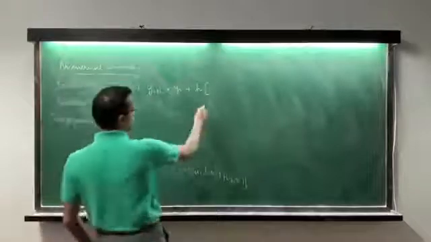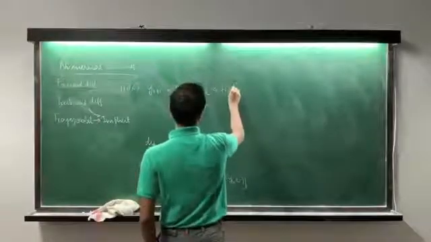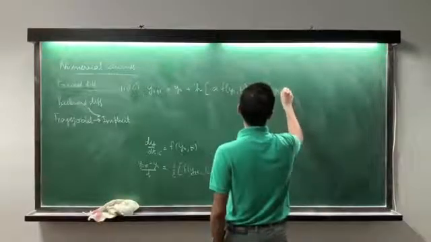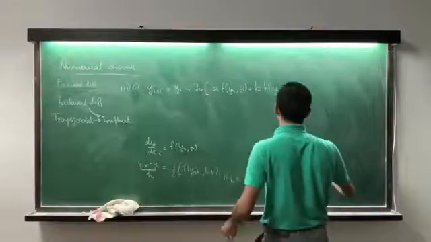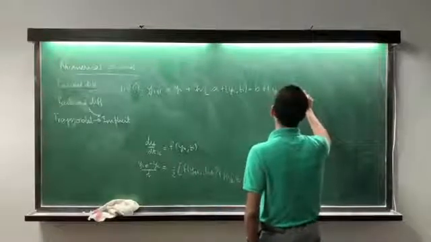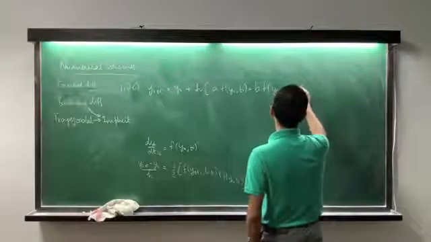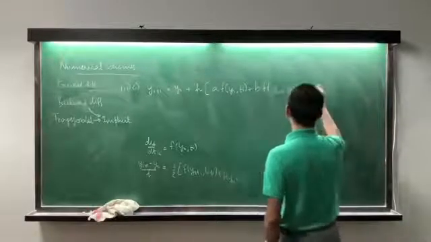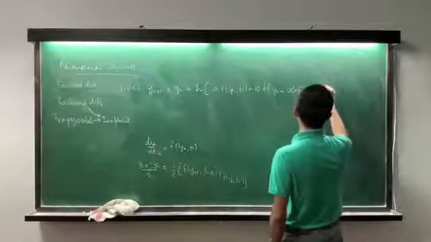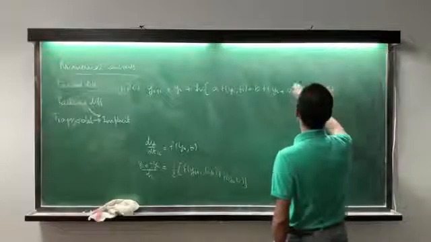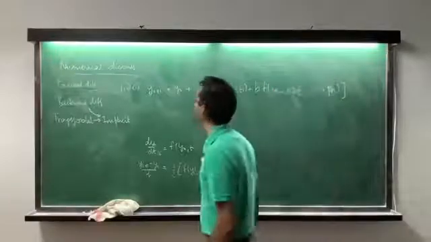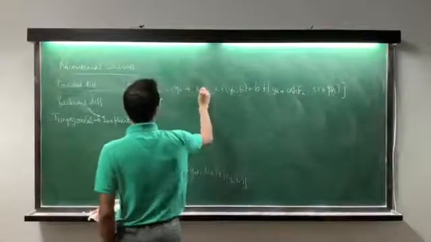I'll get rid of the by 2 and then I will generalize this to a times f of yi plus b times f of yi plus some number, let's call it alpha h f of yi, ti plus beta h, sorry, h.